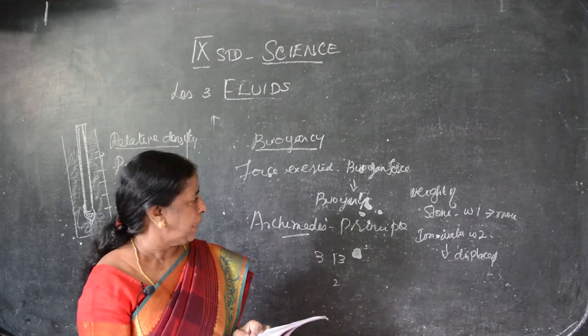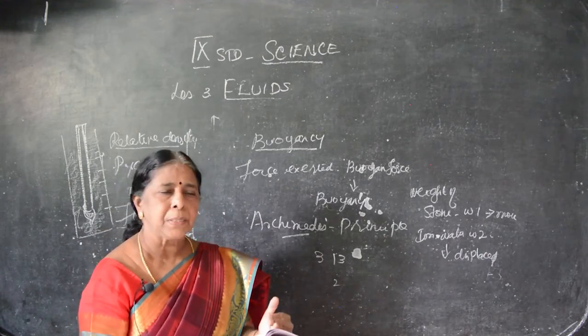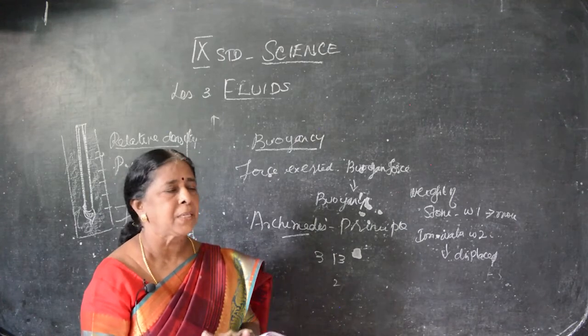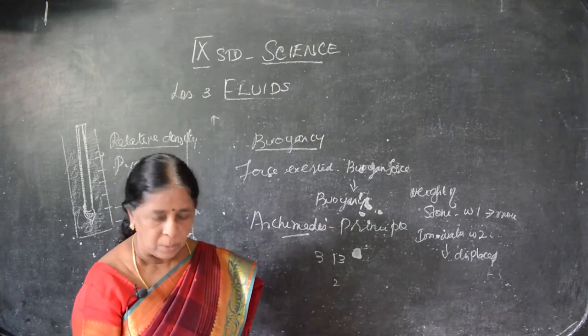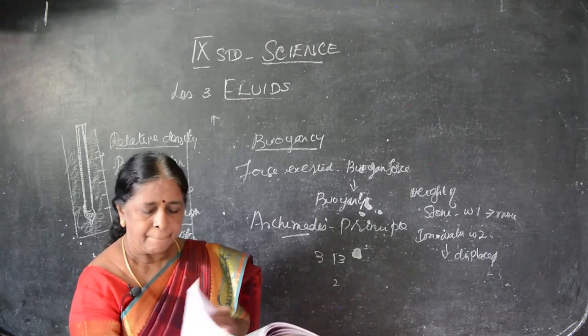Density we find for liquids only. Relative density, taking two liquids, one is water and the other is unknown. And the laws of flotation we have seen.